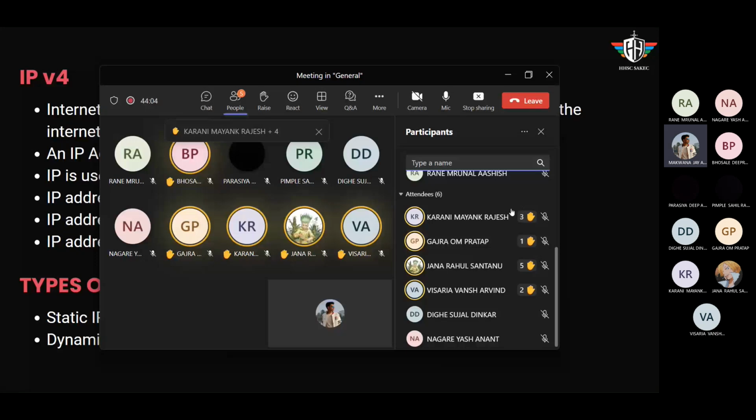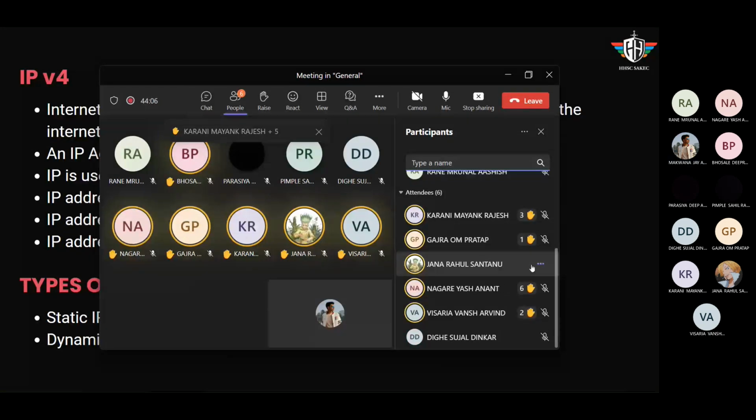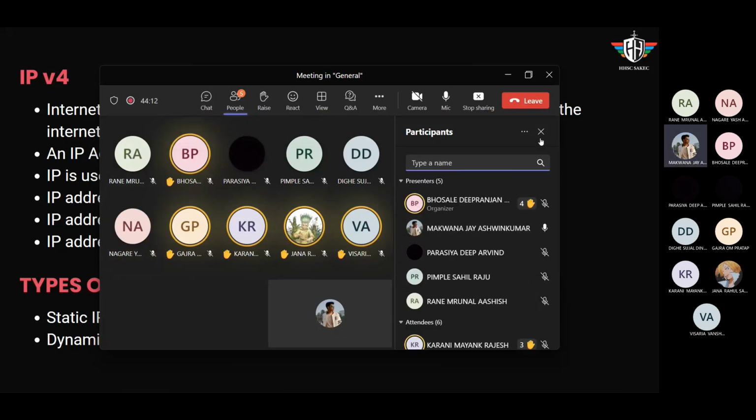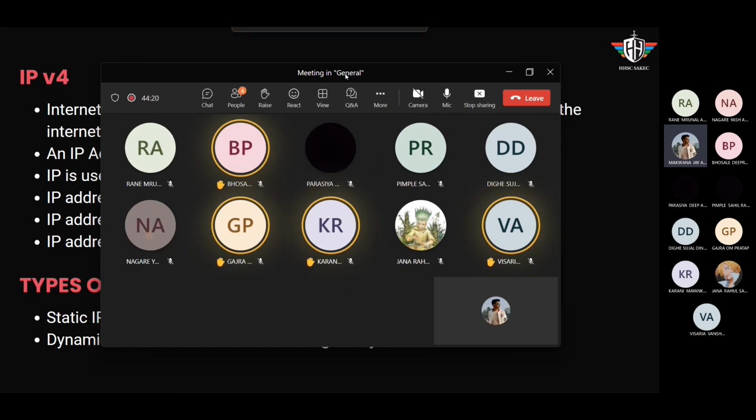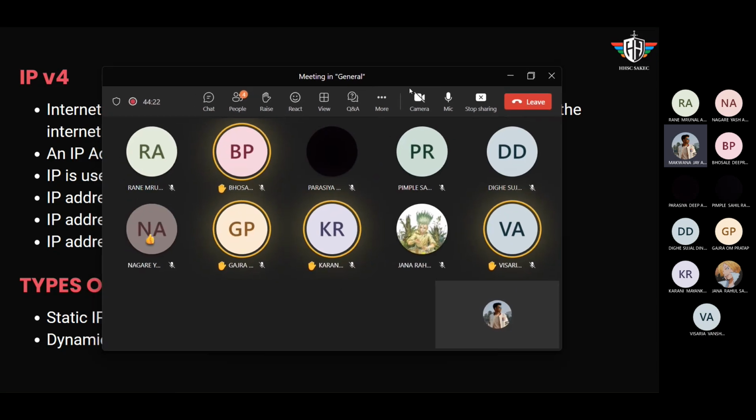Three, okay. Five, okay, cool. Six. Okay. If you have any doubt, you can ask in between, or else put it in the chat box. I recommend asking me in between only, because your doubt will be cleared and you will understand the further topics better. Okay, you can all lower your hands.